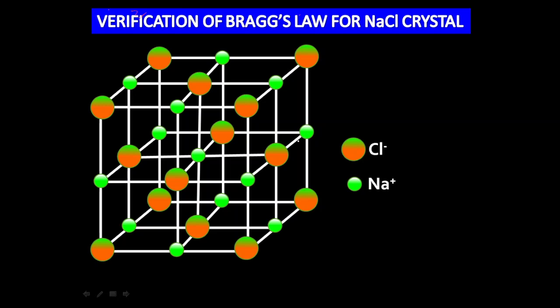So this small green sphere means Na+ ions, and this large orange-green shaded sphere means Cl- ions.